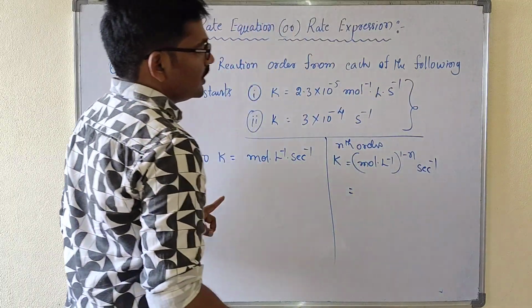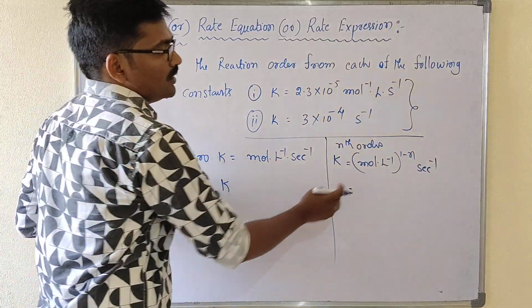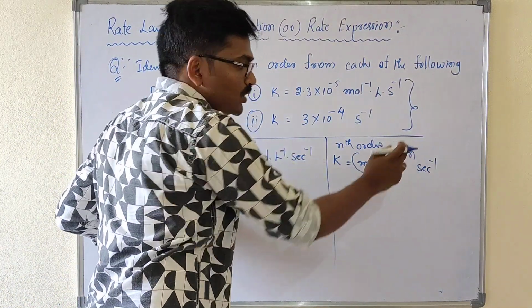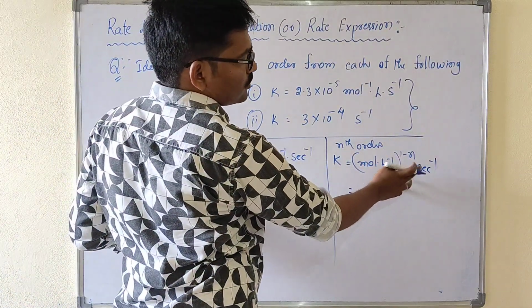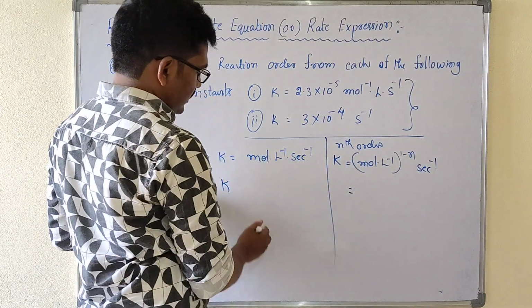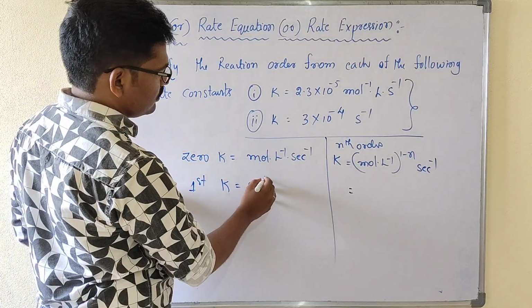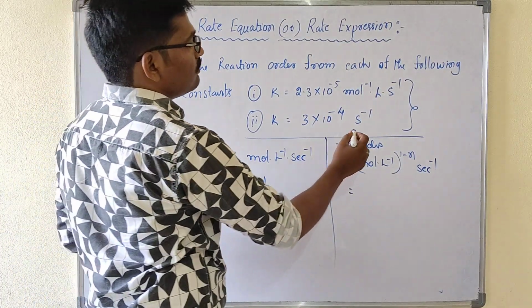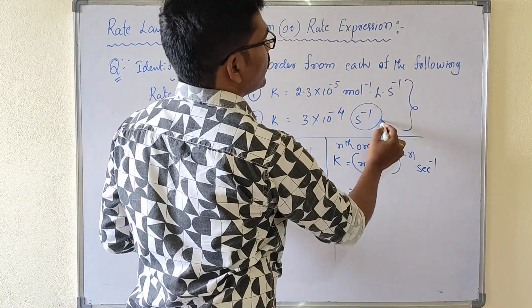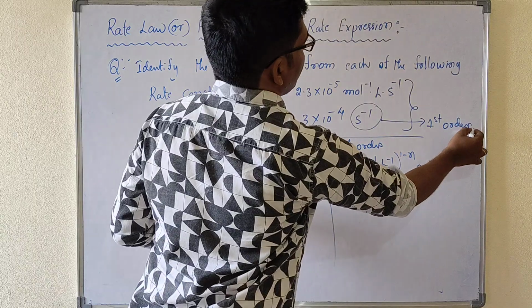So this is for zero order. Now if you take first order, n value you have to take 1. So 1 minus 1 is 0, so whole power 0 equals 1. Then for first order, k equals second inverse. So only second inverse units are there in this, therefore this is first order. We can say this is first order.